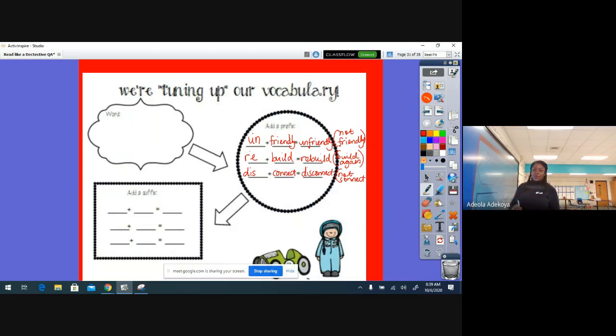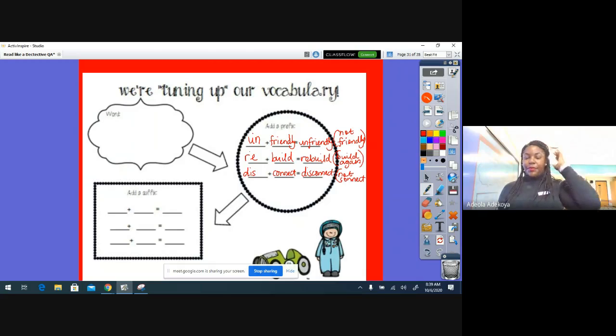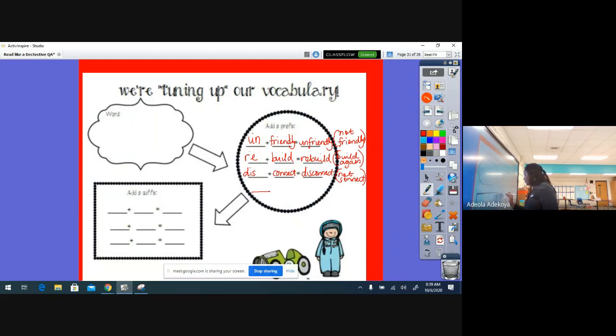The last one that we looked at was in, im, ill, or ir, and they all mean not. So my example there was, and I'm going to go ahead and create one for myself here, im plus possible. So im is my prefix, and that would give me impossible. And what does impossible mean? It means not possible.